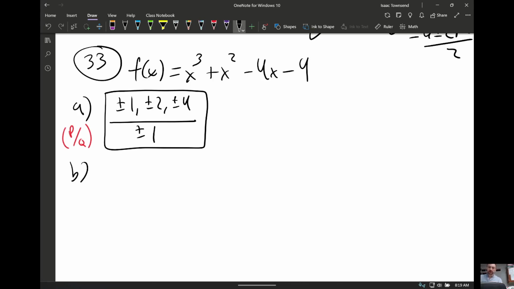So we're just going to use our calculator here. Looks like it goes through -1, -2, and 2.